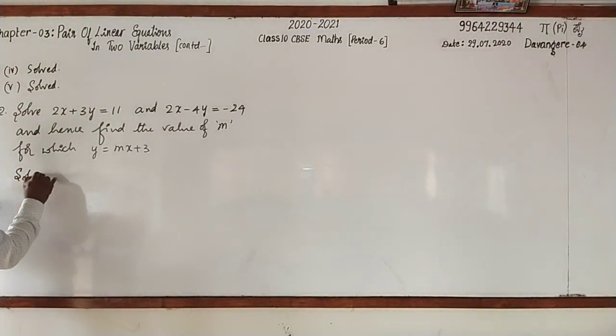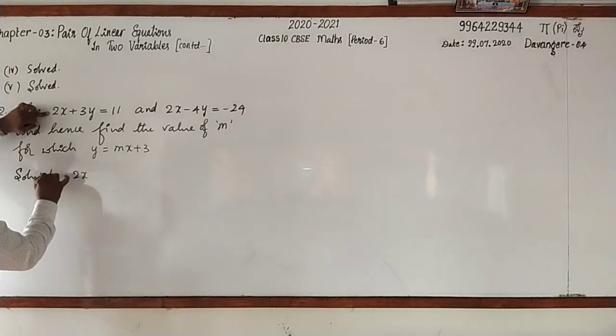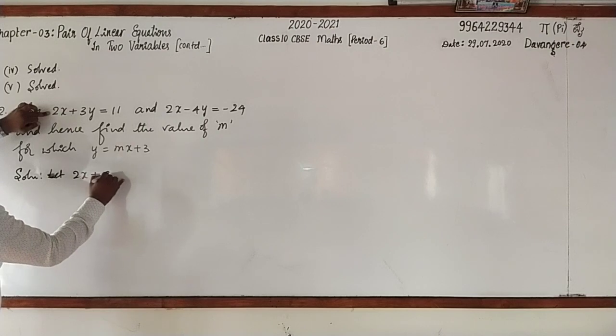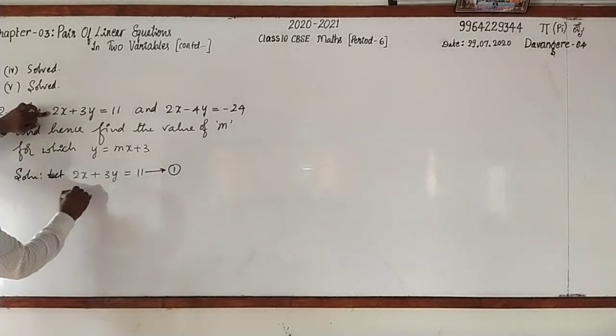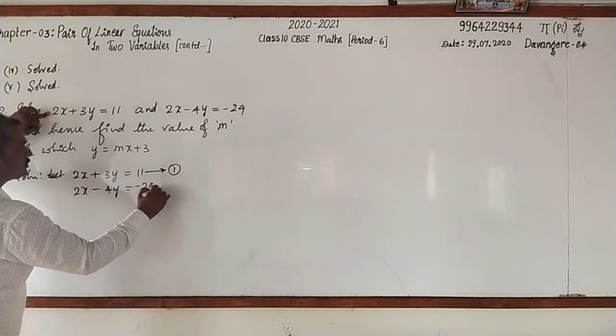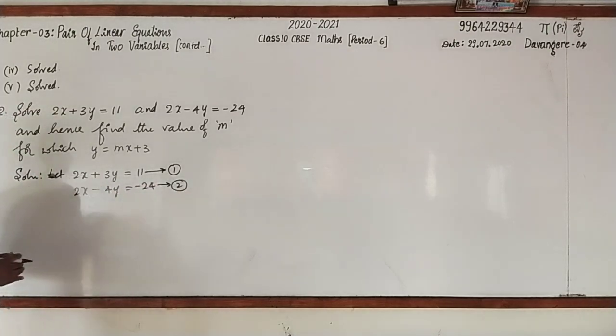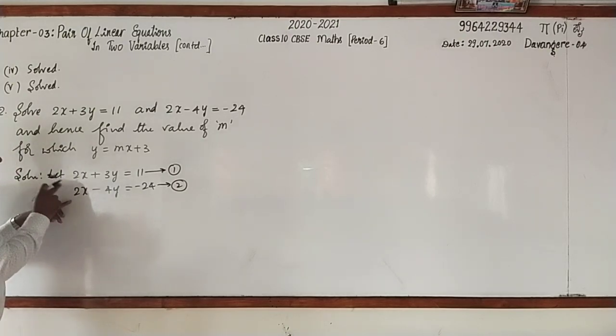Here I'll write. The first equation, it is 2x plus 3y is equal to 11. Let it be equation 1. And next, 2x minus 4y is equal to minus 24. Call it as equation 2. Here, second equation can be simplified.